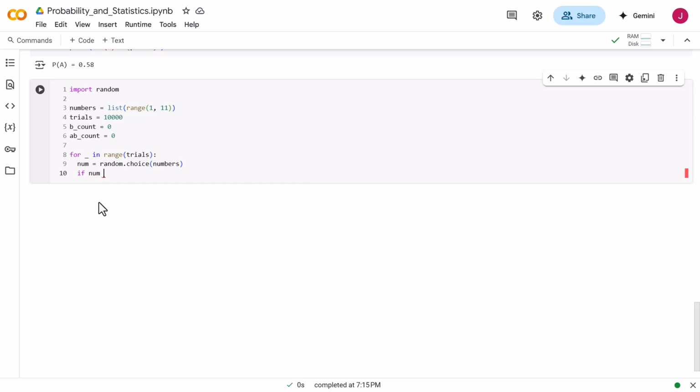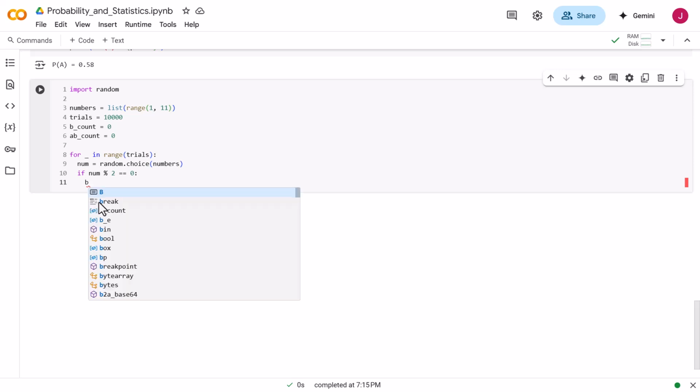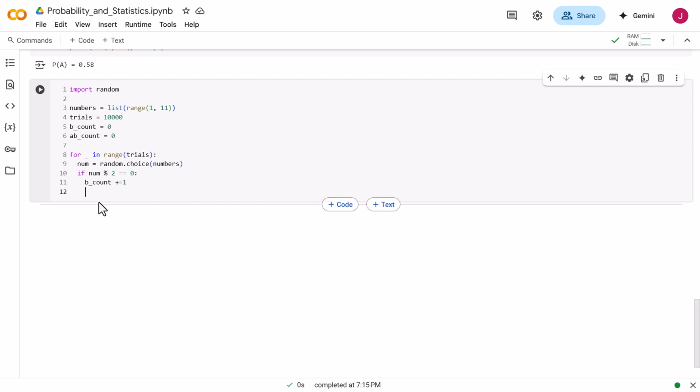If num mod 2 equals 0, it means it's an even number. Then B count plus equal to 1, because we want to increment the B counter since one even number has been found. Then if num is greater than 5, we check whether event A happened or not, number greater than 5.